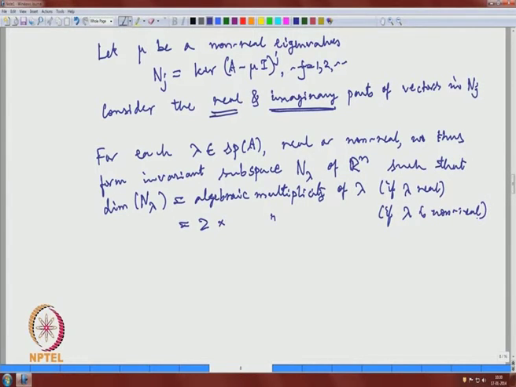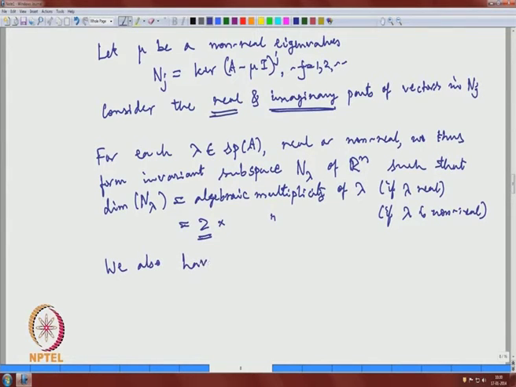Because when lambda is non-real, lambda bar is also an eigenvalue. So, it has to be counted twice. That is why this is twice, and they are all invariant under A.